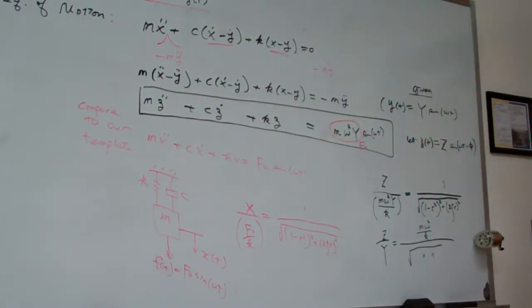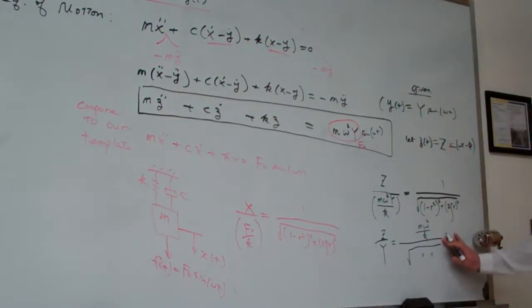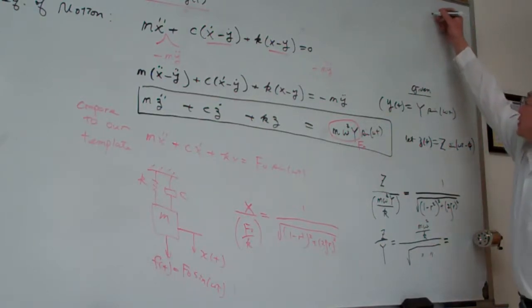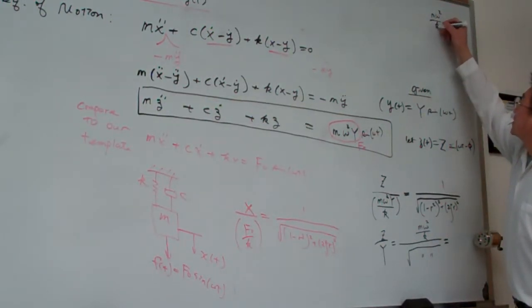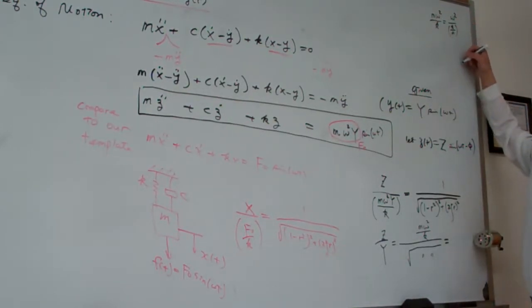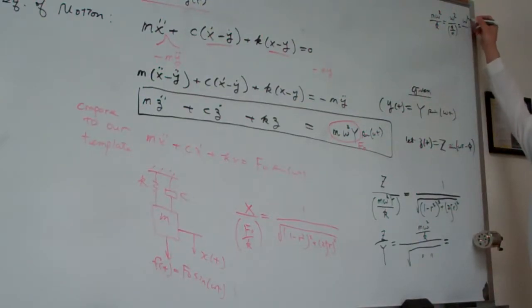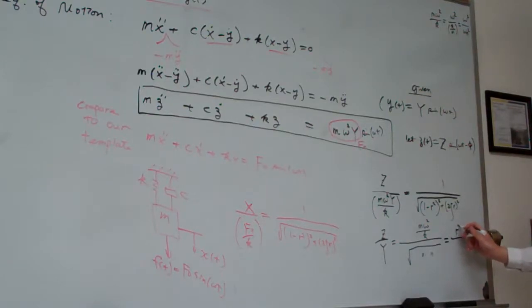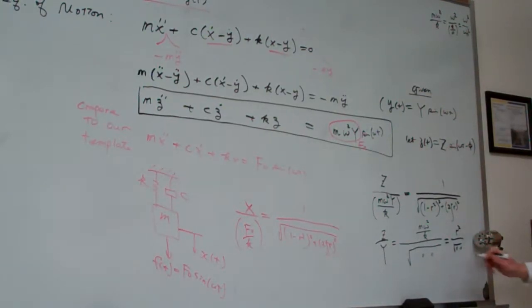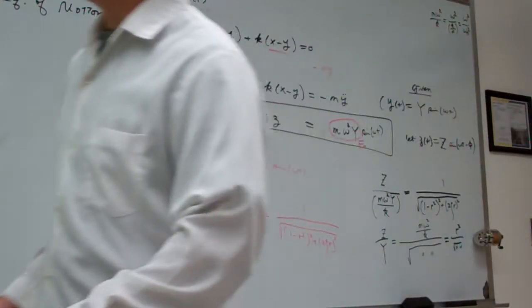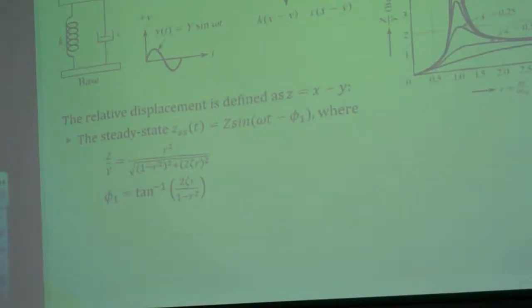If you look at that term carefully, m omega squared divided by K equals omega squared over K over m, so this is omega squared over the natural frequency squared. So basically the numerator is equal to r squared, and the denominator is the same. Okay, so basically that is this term here. Good.